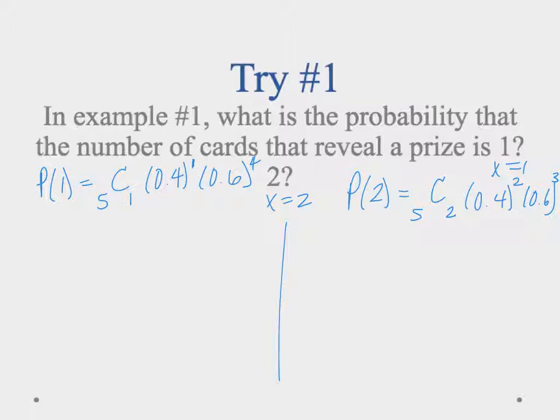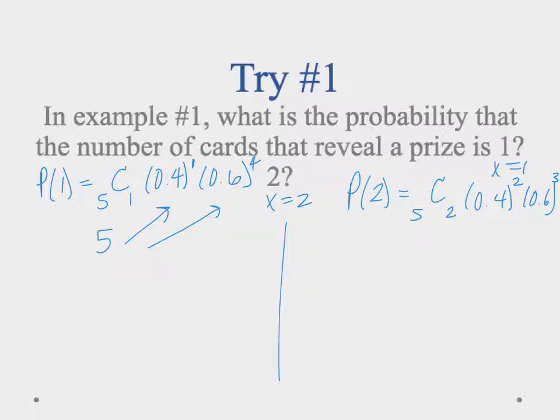All right, so in my calculator, I'm going to press 5, math, go over to probability, go down to nCr, and 1. That will give me 5. So it's going to be 5 times these two numbers here. So I'm going to type that in: 5 parentheses 0.4 raised to the first power, parentheses 0.6 raised to the fourth power. Again, if you can, try and type it all in at once, but you've got to use your parentheses.